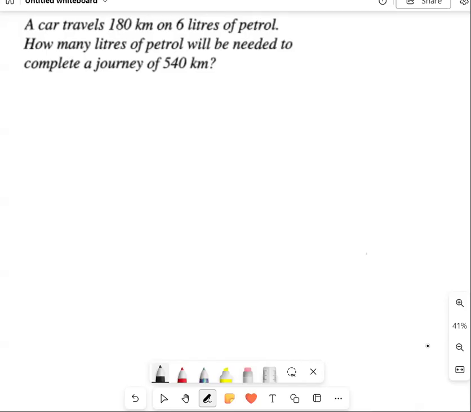Therefore, if I were to take 180 km over 540, that should be equal to 6 liters over, well, let's call this X. We don't know X. X liters. Let's go with X liters.